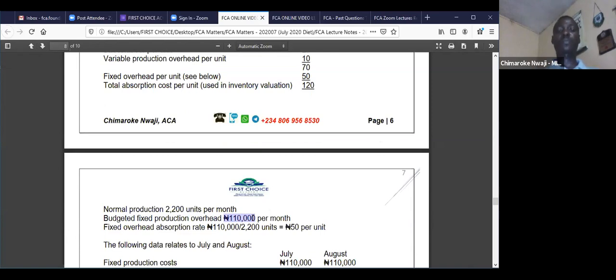So your fixed overhead cost per unit will simply be this 110 divided by this 2,200. And that was how this 50 naira was gotten. That was used here. So that's how it's gotten.